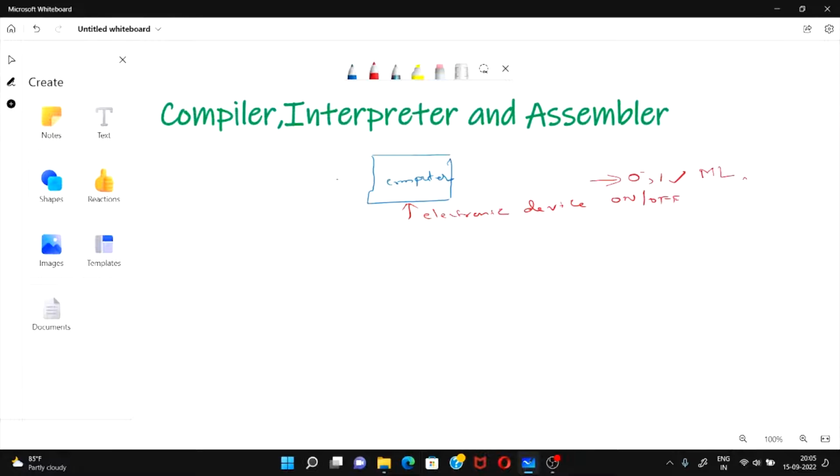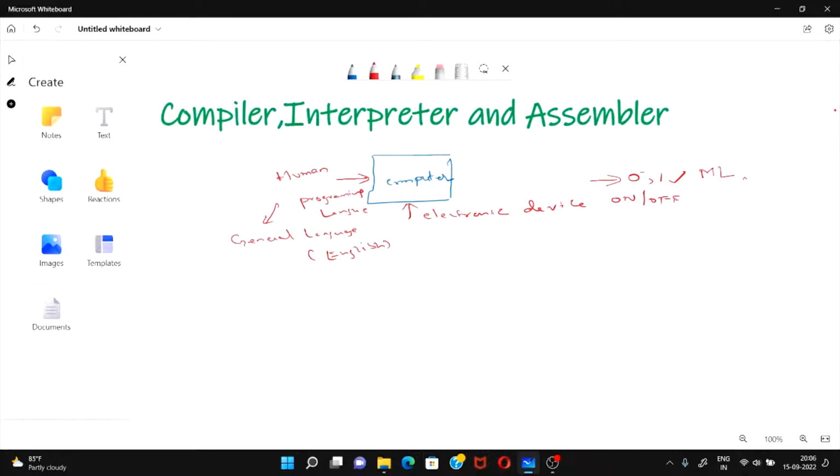And now coming to the other hand, the human or the programmer who writes the programming languages to instruct the computer can understand the general language. Simply we can say English. So a human cannot understand the language in the form of zeros and ones, whereas the computer cannot understand the language in the form of English.